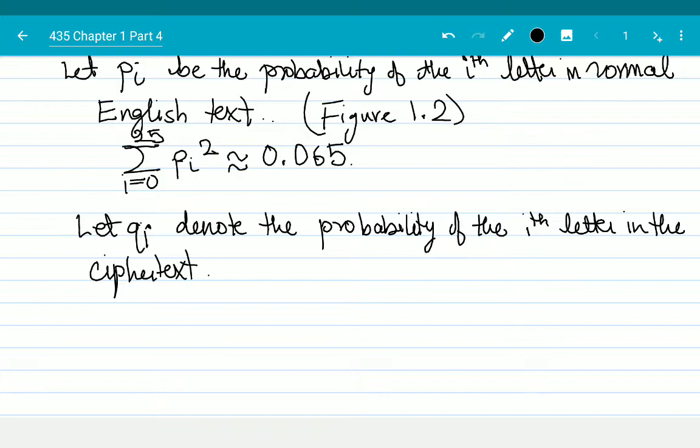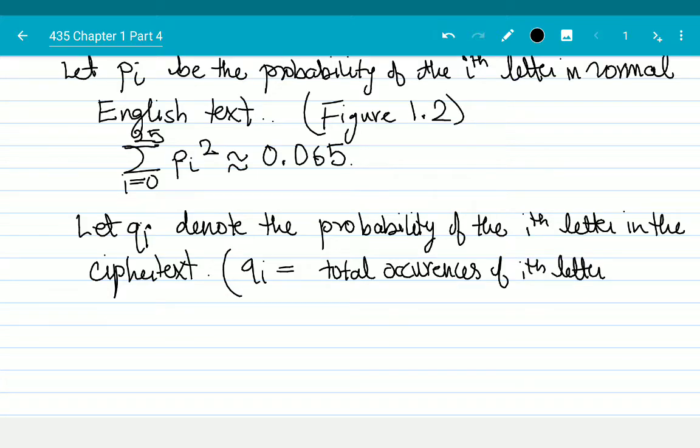Okay, so basically, q_i is equal to the total occurrences of the ith letter divided by the total length of the ciphertext.